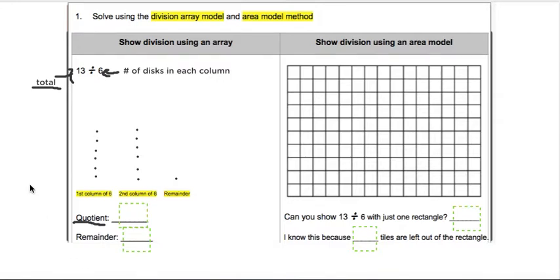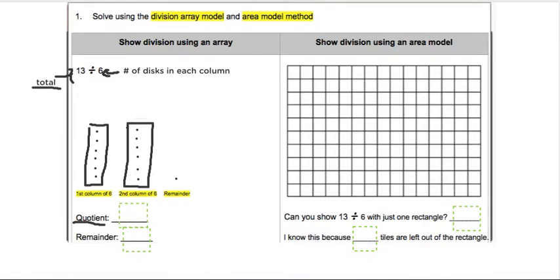In order to find our quotient, we need to ask ourselves, how many groups of 6 did we make? Let's go back and check. There's one group of 6. Do you see another group of 6? Me too. There's a second group of 6.